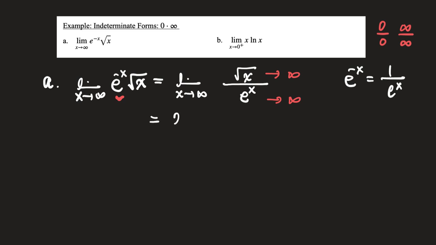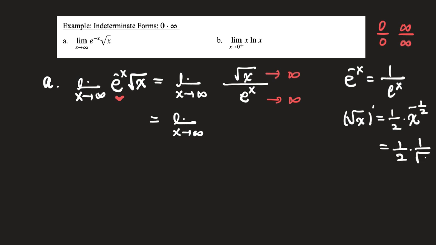Use L'Hopital's rule: the limit as x approaches infinity of the derivative of the square root of x. Remember from calculus 1, the derivative of the square root of x is 1/2 x to the negative 1/2. Another way, that is 1 over 2 square root of x, over the derivative of e to the x, which is e to the x. So rewrite the limit as x approaches infinity of 1 over 2 square root of x e to the x.